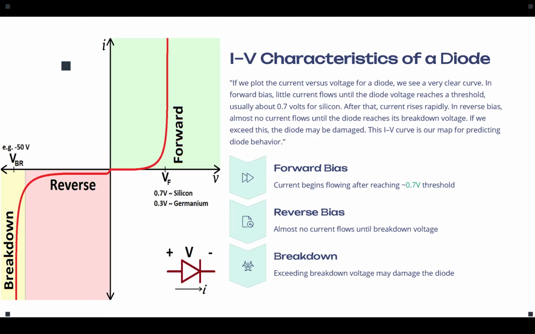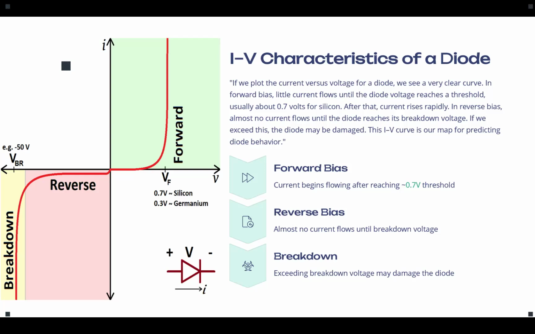So the diode only lets the current conduct in one direction. That one direction, we call it forward bias. So basically in forward bias, we have current. In reverse bias, we don't have any current. This is an approximation. We are going to see that.